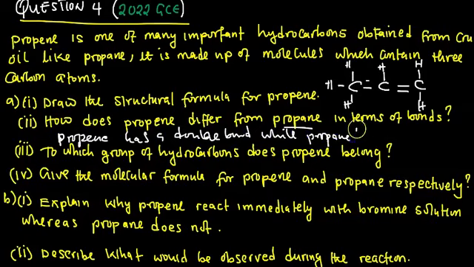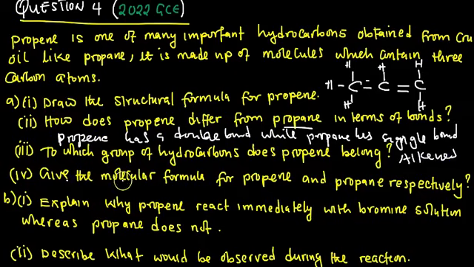So between carbons, propene has a double bond from carbon to carbon, and of course propane has single bonds between carbons. To which group of hydrocarbons does propene belong? It belongs to the alkenes.